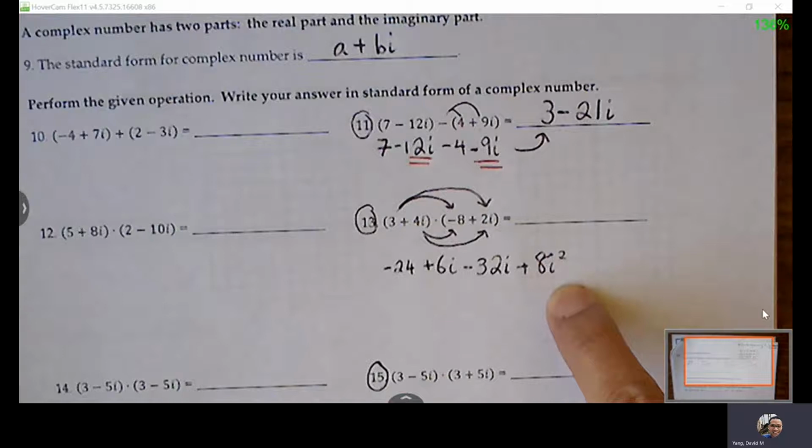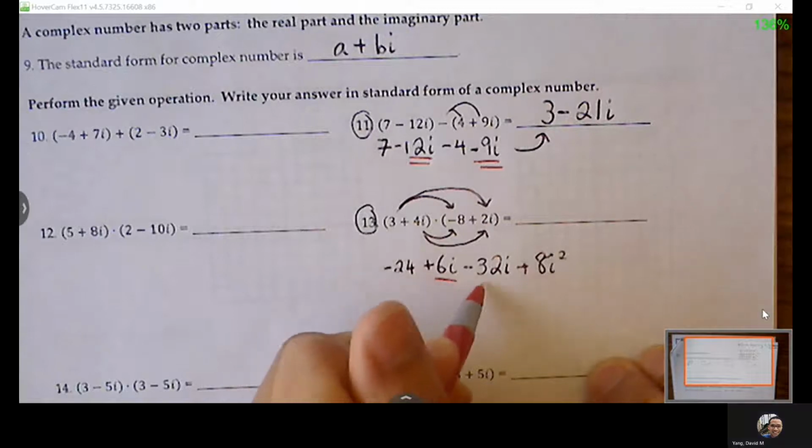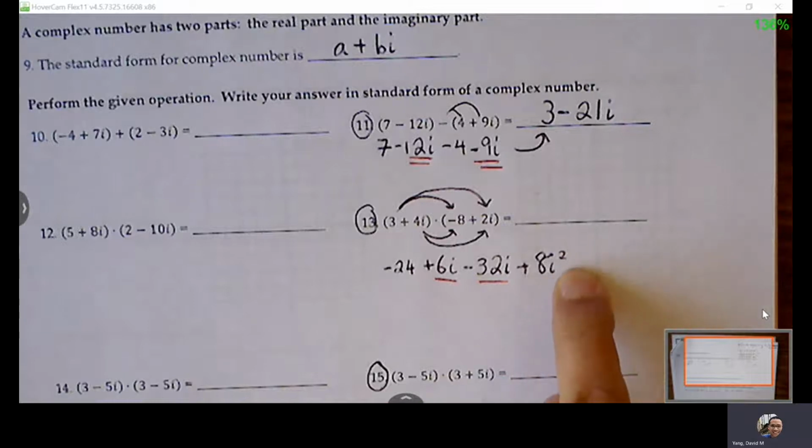Okay, we do see a couple of like terms here. The 6i and the negative 32i can go together. But there's something we can do with that 8i squared. What can we do with that i squared to make it cleaner? Make it a -1. Good, we know i squared is -1.